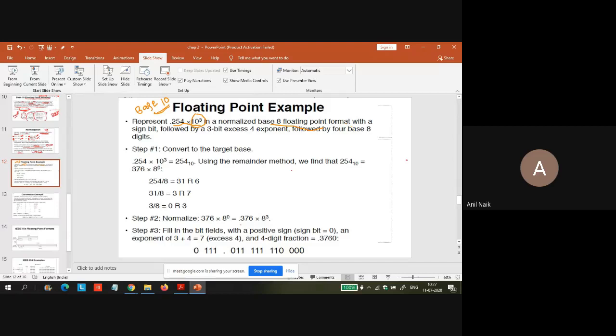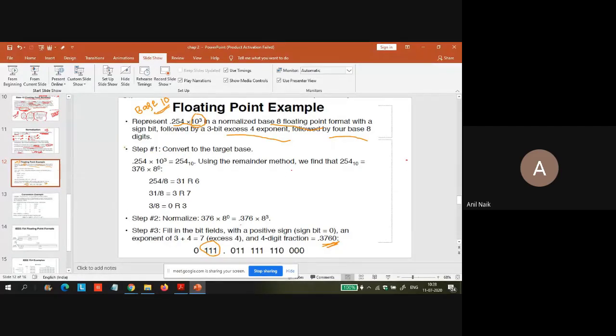Base 8 means octal number, with a sign bit followed by a 3-bit excess 4 exponent, followed by 4 base 8 digits. Base 8 is the octal, so it should be 4. Okay.